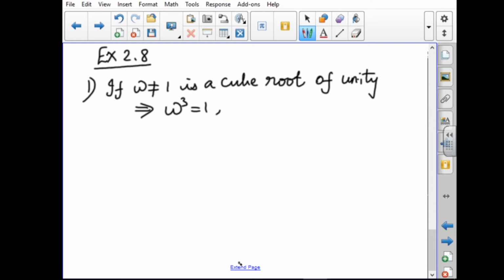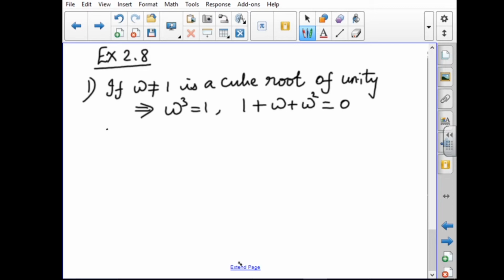So I am simply saying what is cube root of unity. Cube root of unity means omega cube value will be equal to 1. Cube root, so there will be 3 roots. 3 roots can be taken as 1, omega, omega square. So omega cube is equal to 1, and 1 plus omega plus omega square, sum of the 3 roots will be equal to 0. That's the meaning for omega is the cube root of unity.